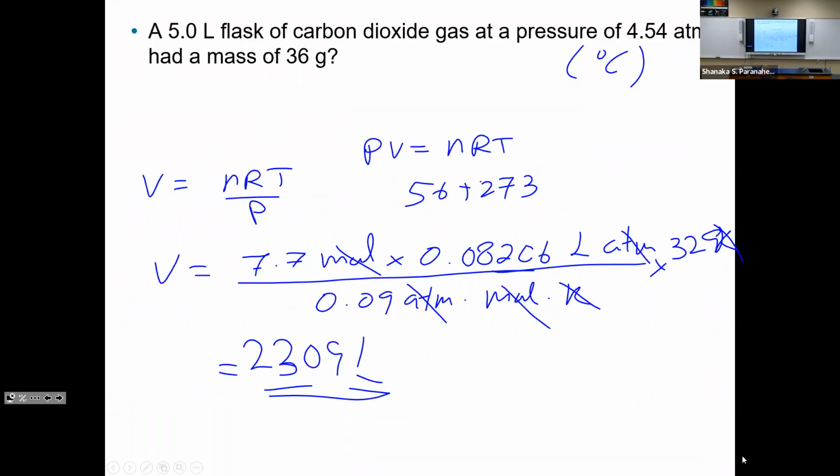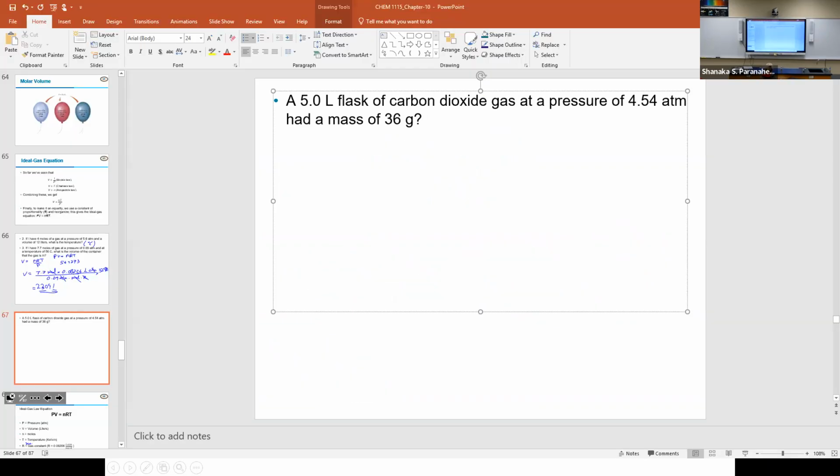Okay, so a 5-liter flask of carbon dioxide gas at a pressure of 4.54 atm had a mass of 35. So the question is how many moles of gas was it consumed? No, not that. Wrong question.